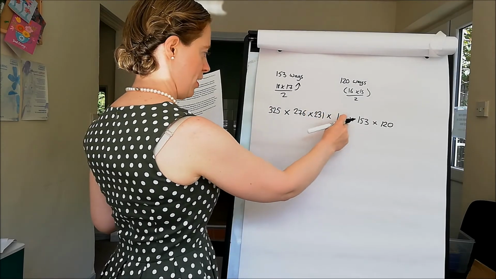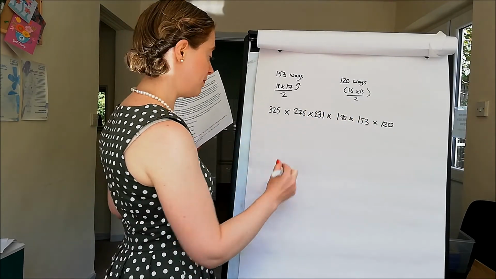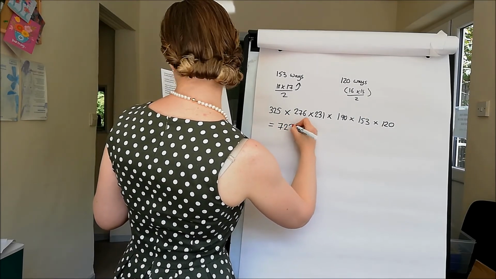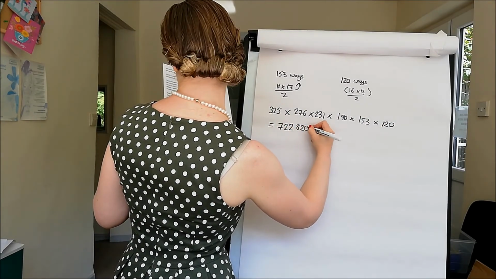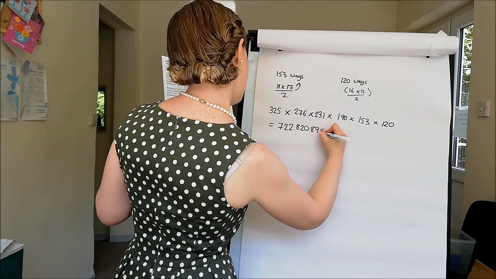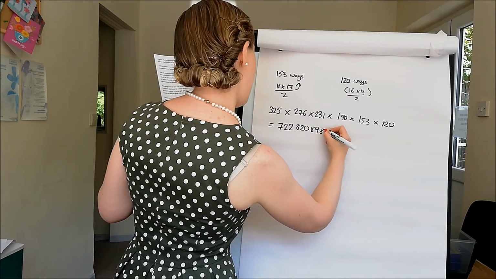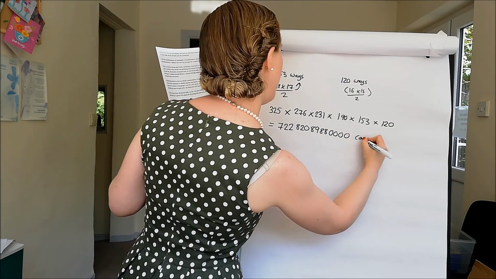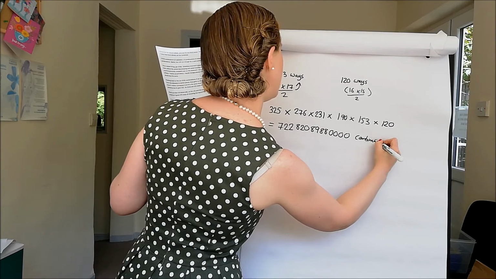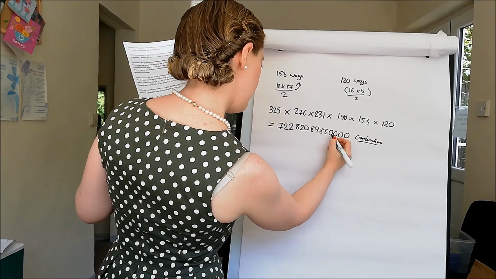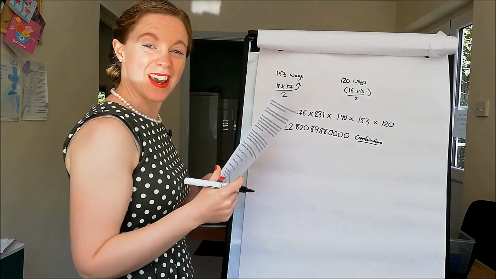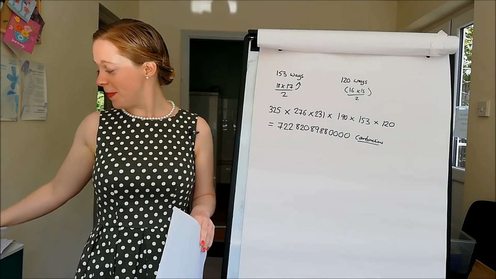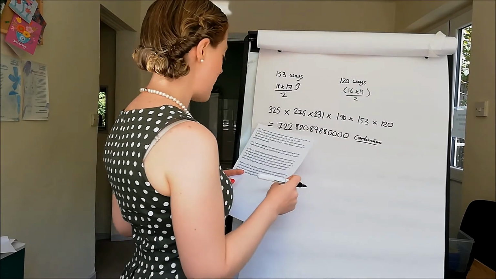So all the combinations got multiplied together to produce an answer of 722,820,898,800,000 combinations. I don't even know how to say that number. I could probably work it out, but I don't know how to say it off the top of my head. That is a big number.